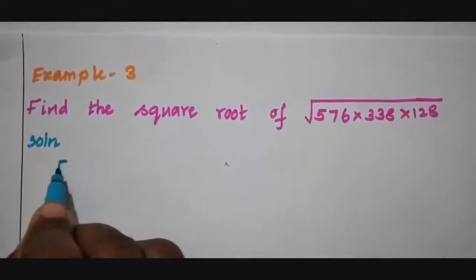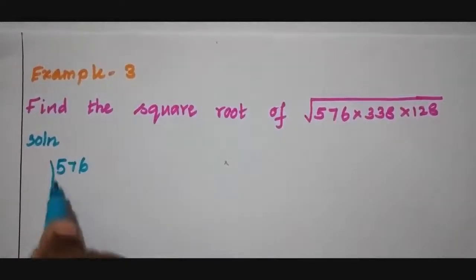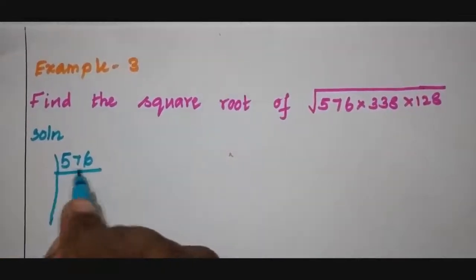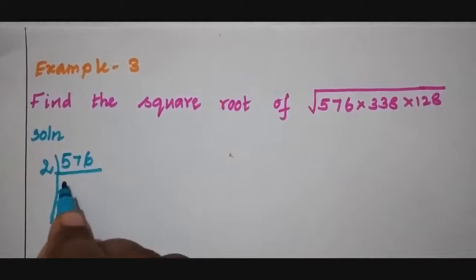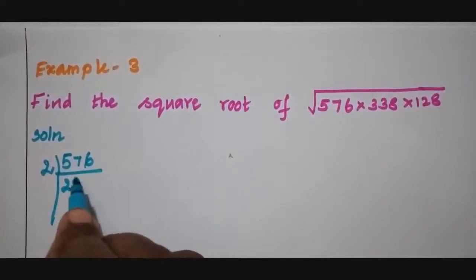So the first number is 576. Factorize this one. This is an even number, so start with the 2 table. 2 2s are 4. Remaining 1. 8 2s are 16.